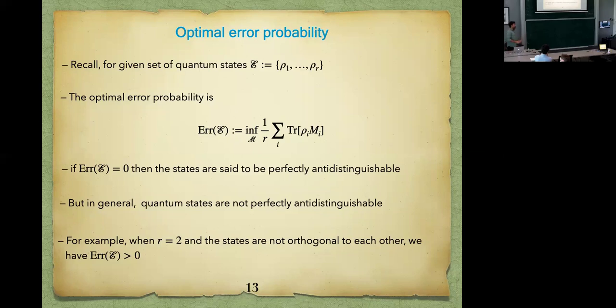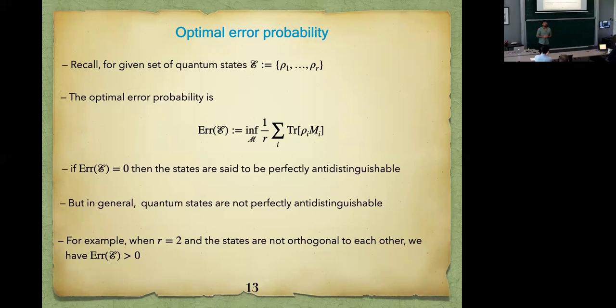Just to give you an intuition, if there are 10 states and you do not have any strategy, and a referee asks which state I did not give you, you can select any state, say rho_1. You are more likely to be correct than when answering which state I gave you. You have 9 ways of being correct in the anti-distinguishability task, but only one way of being correct for the discrimination task.